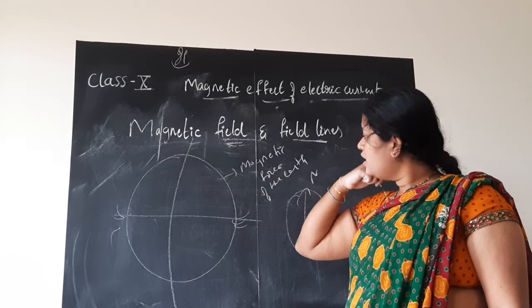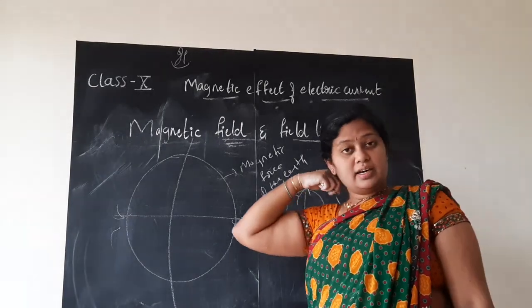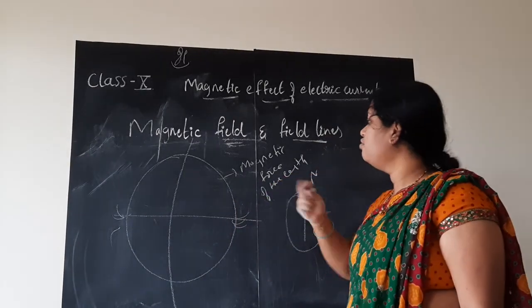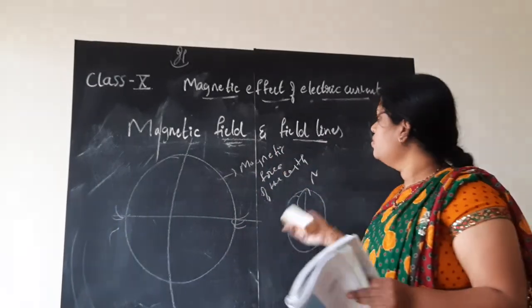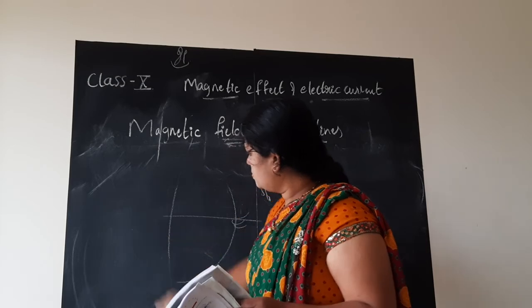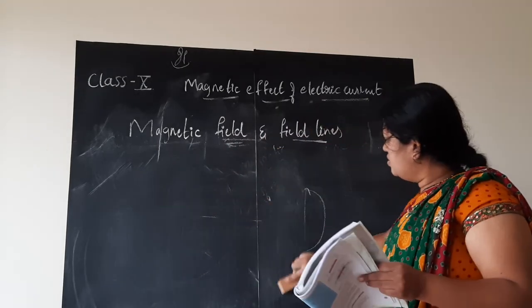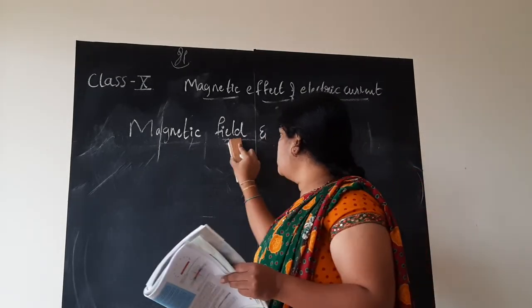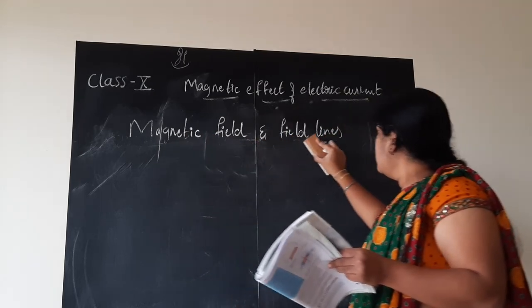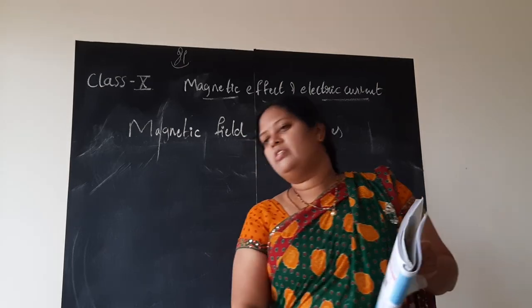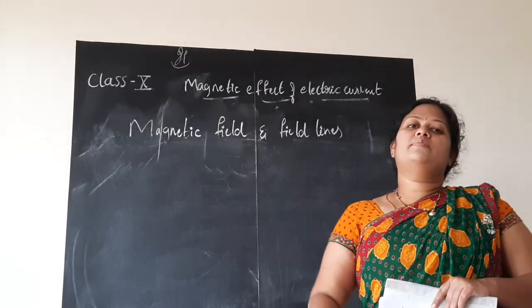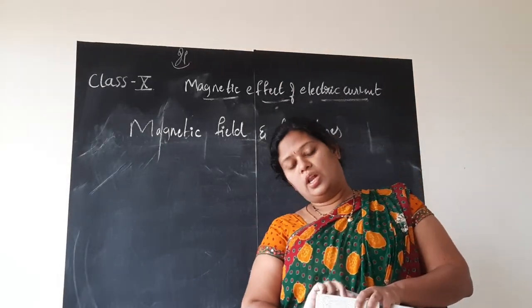Because the magnetic field is exerted by the earth. Earth's magnetic field is responsible for the representation of the north and south pole by the magnetic compass, even in the absence of current and in the absence of a magnet as well.